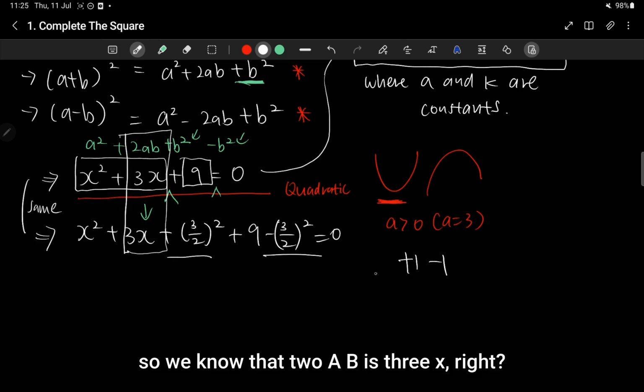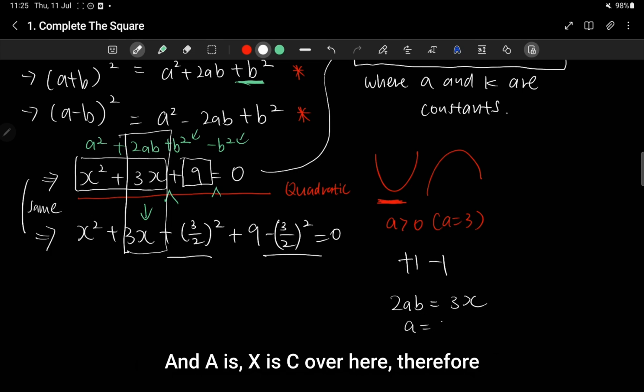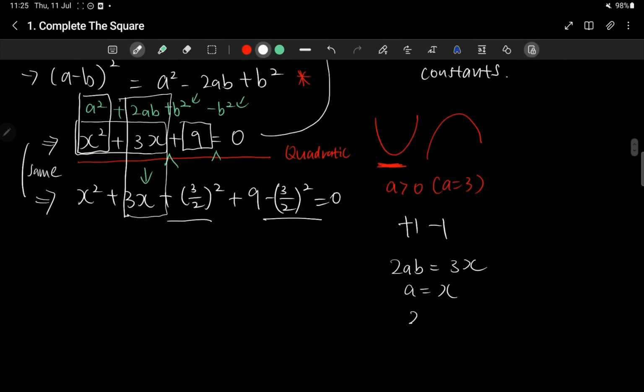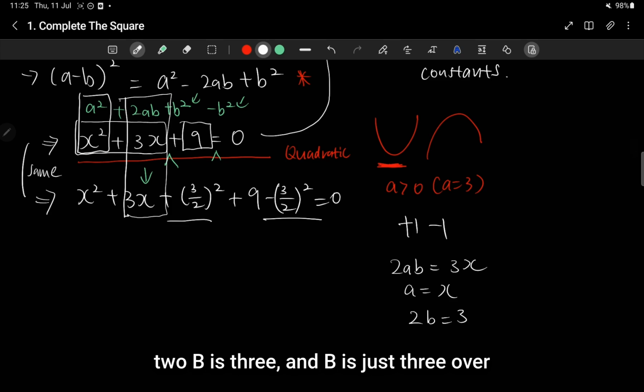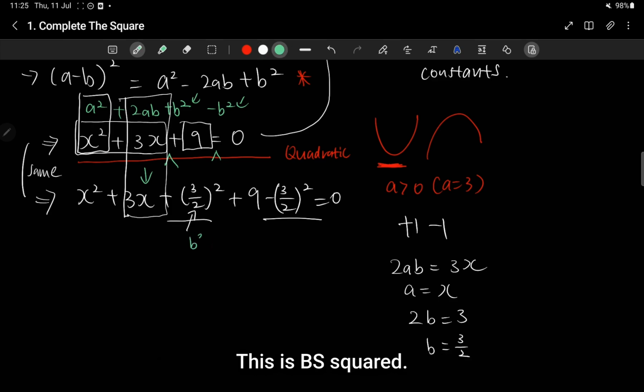So we know that 2ab is 3x, right? And a is x, as seen over here. Therefore, 2b is 3, and b is just 3 over 2, which is what we get over here. This is b squared.